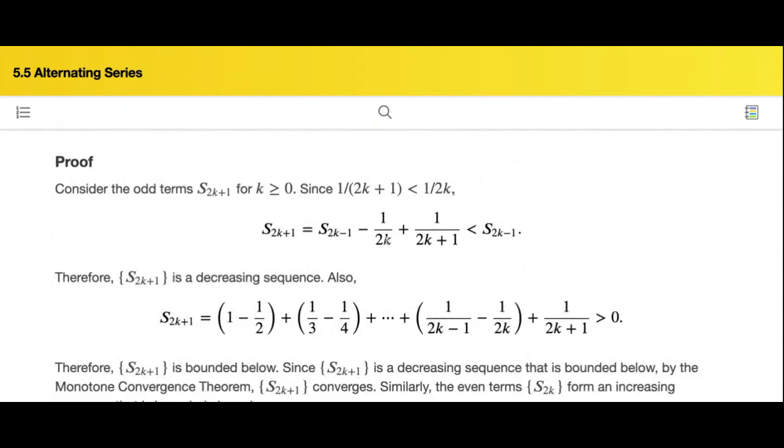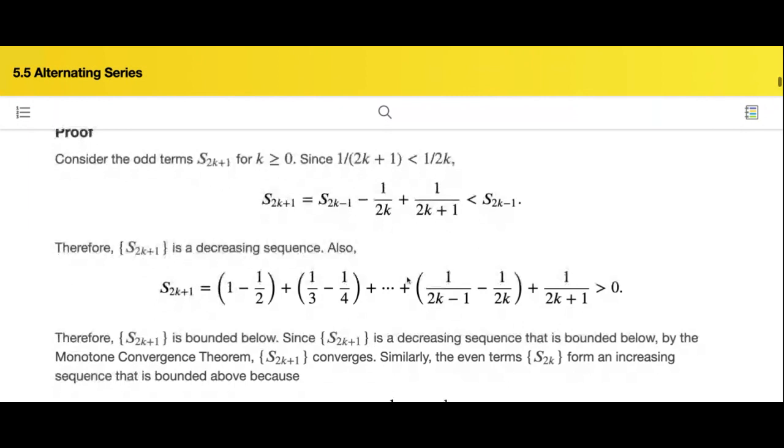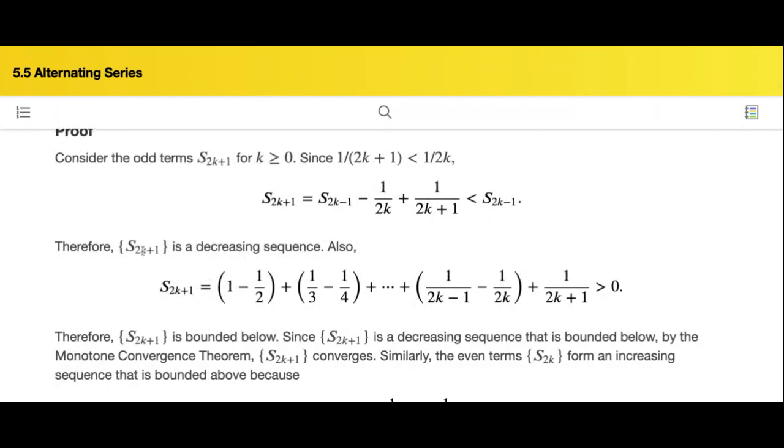And so minus 1/(2k) is bigger than positive 1/(2k+1). So those two terms will be a negative number. So that's why S_{2k-1} plus a negative number is less than itself. So this is saying S_{2k+1} is a decreasing sequence.